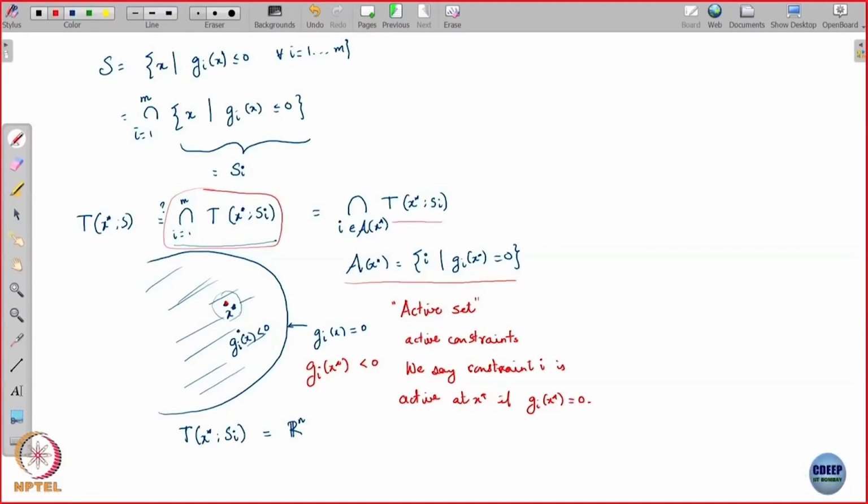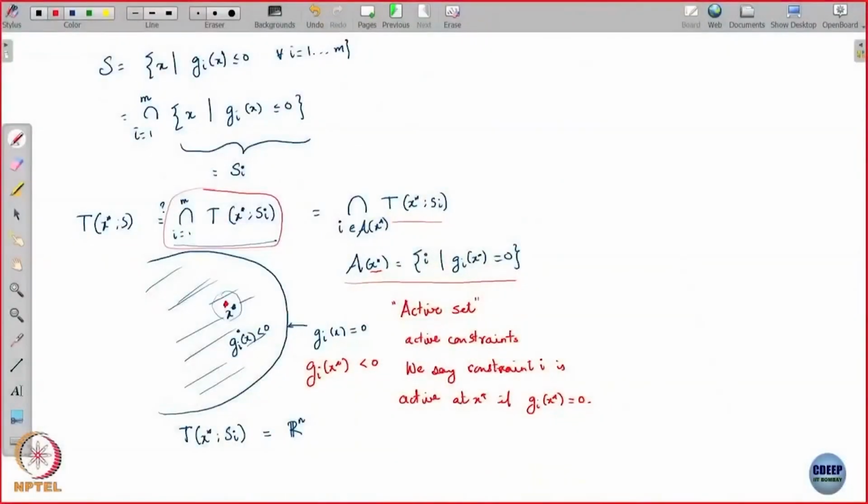Now, the active set is a function of x star and will change with x star. At a point x star, the constraint that I have drawn here is not in the active set. Another constraint like this may be in the active set, because x star lies on the boundary.